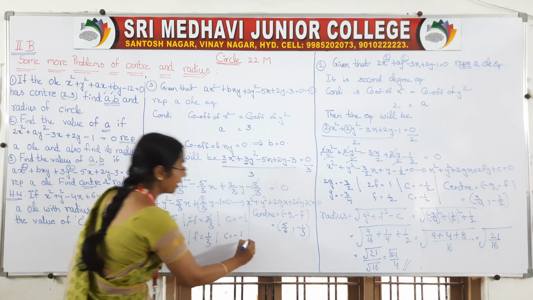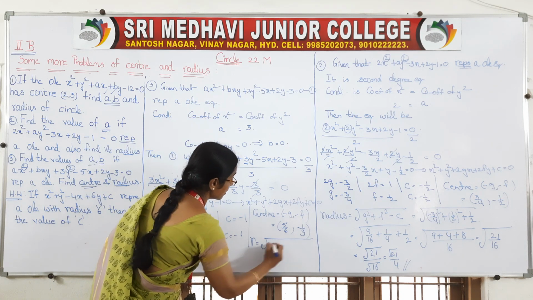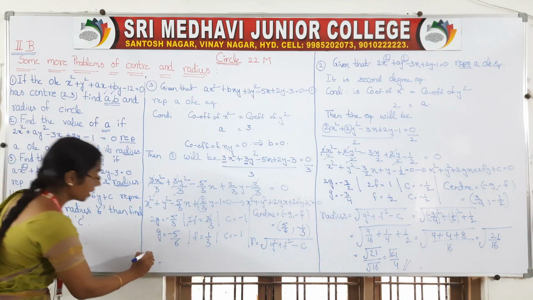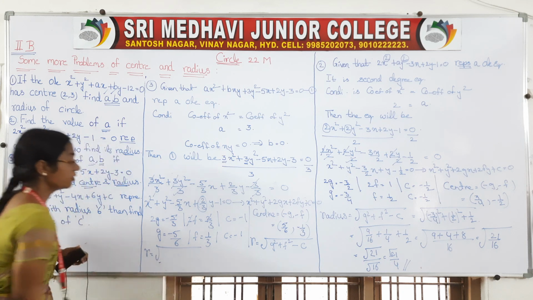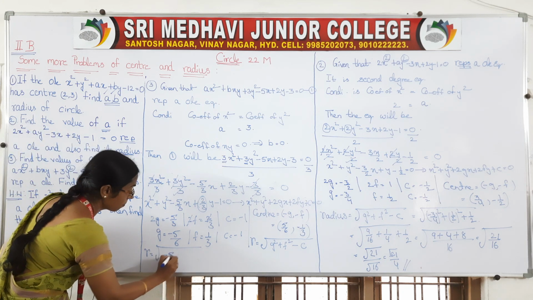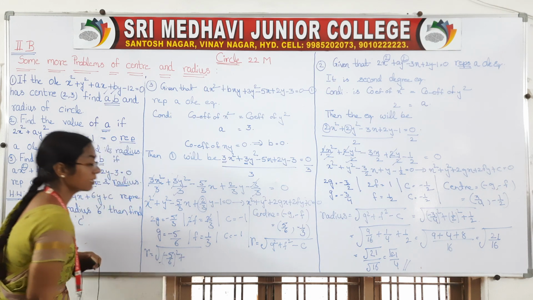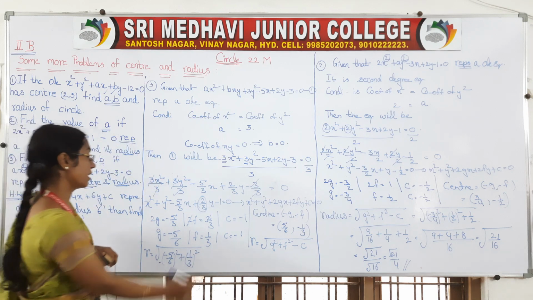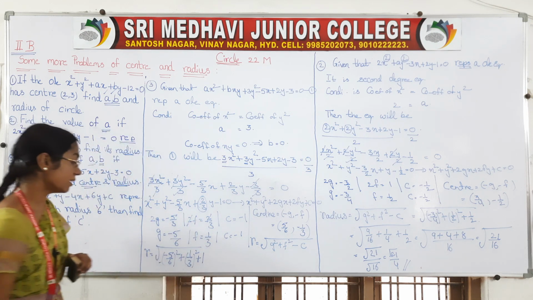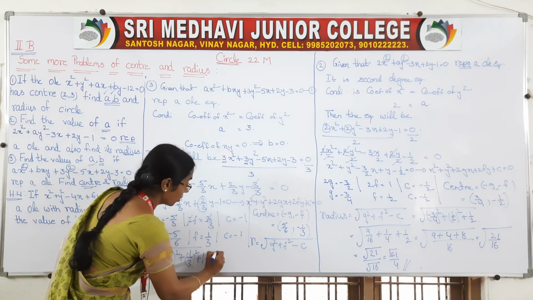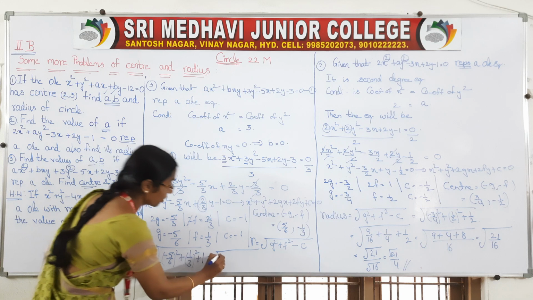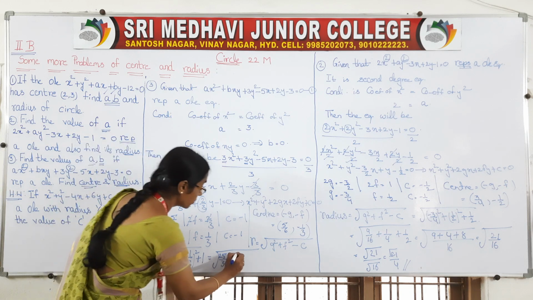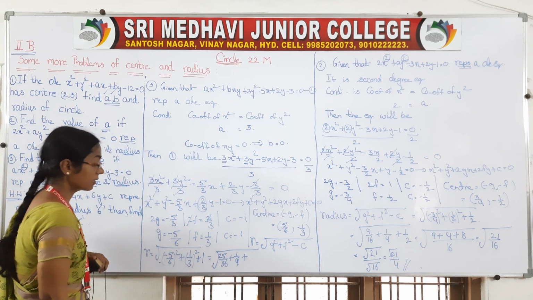Now try to find your radius. What is the formula? Radius is equal to root of g square plus f square minus c. So r is equal to root of g square, (minus 5 by 6) whole square, plus f square, (1 by 3) whole square, minus c; here minus 1 is there, minus of minus is plus 1. It is root of 25 by 36 plus 1 by 9 plus 1.